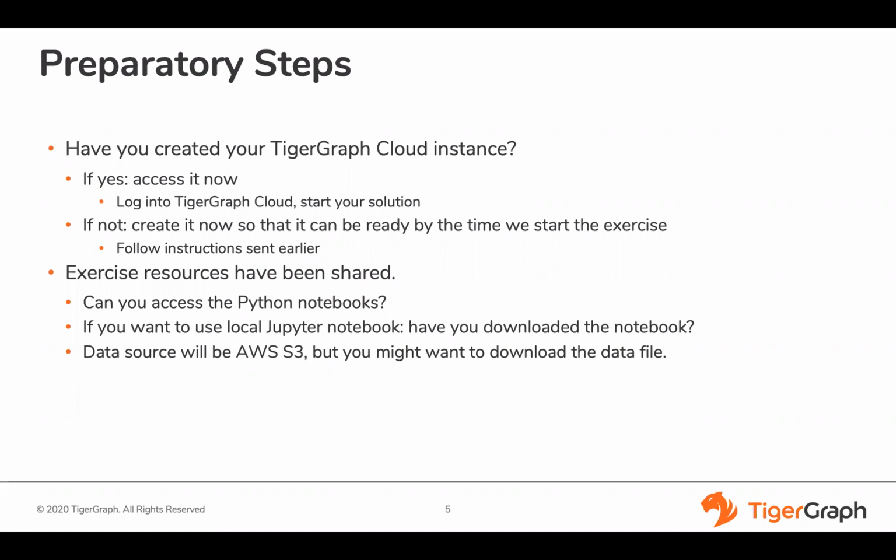If you want, you can download these and run locally in your Jupyter notebook. Finally, we are going to import data from CSV files. Three of these will be shared or already shared via GitHub. You can find the links in the chat box. And one is stored in an AWS S3 bucket from which we load it directly. So all the links to notebooks and data files have been shared in the Zoom chat.